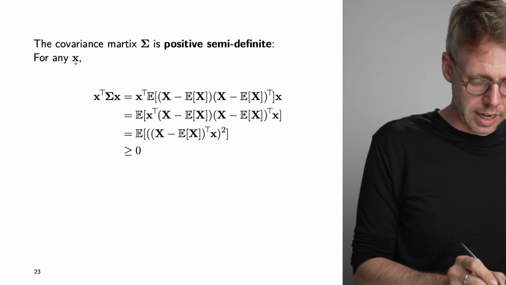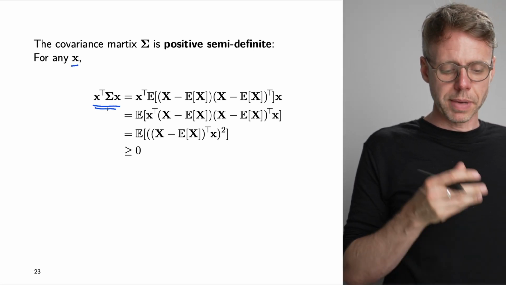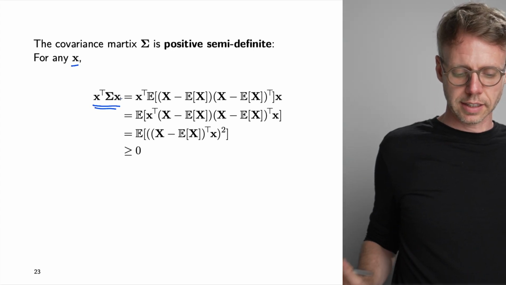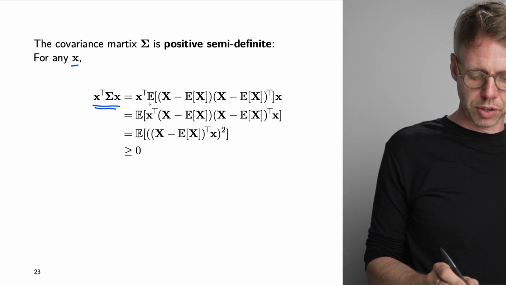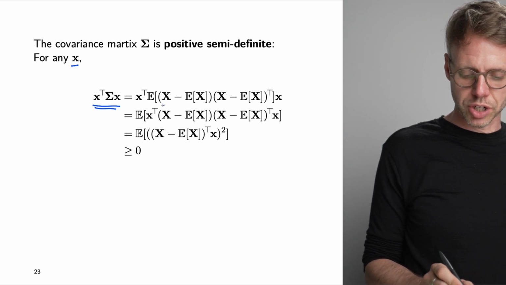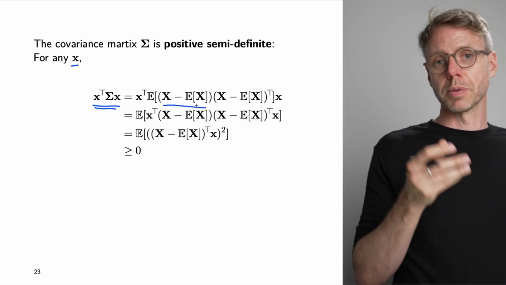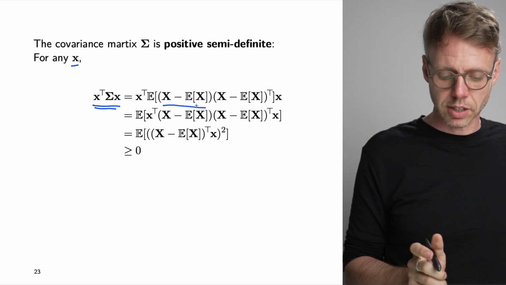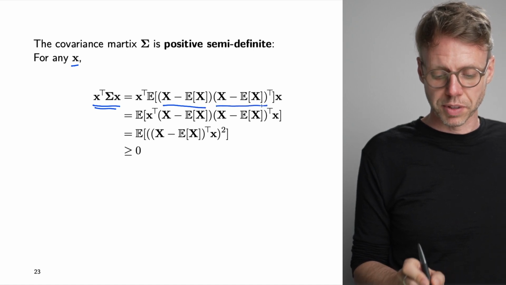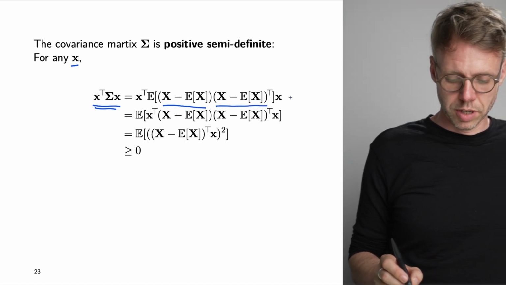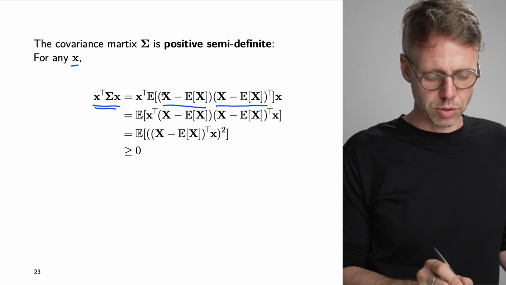So for any vector x, the quadratic form x transpose sigma x is equal to x transpose times the definition of the covariance, so the expectation of the outer product between the difference between the random vector and its expectation, outer product with itself. Well, you can move the expectation out, or x into the expectation.